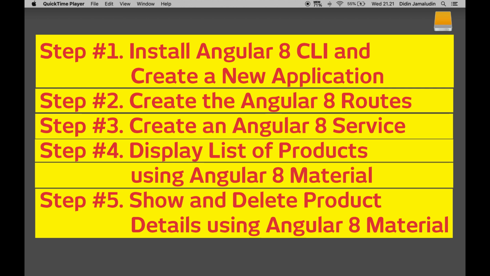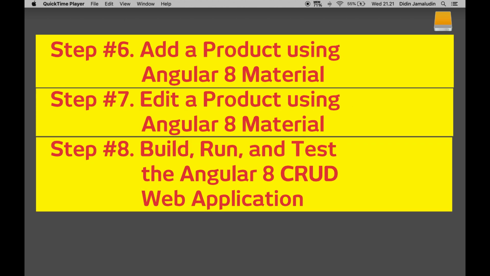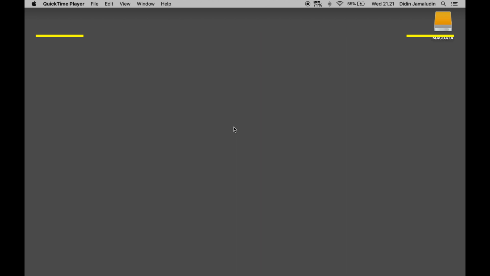Step number 5. Show and delete products details using Angular 8 material. Step number 6. Add a product using Angular 8 material. Step number 7. Edit a product using Angular 8 material. Step number 8. Build, run, and test the Angular 8 CRUD web application.